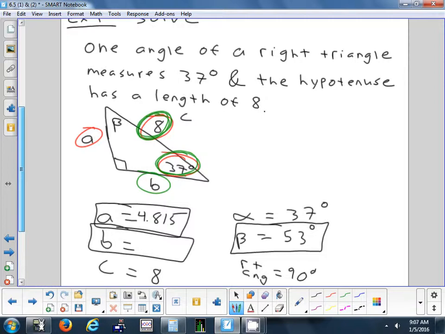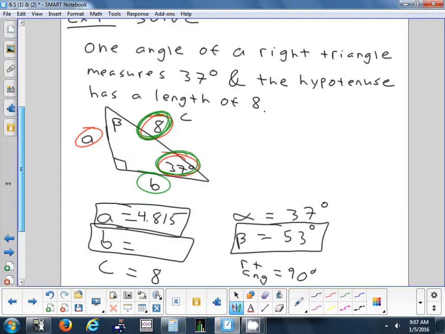Okay, so now focus on the 3 things I circled in green. Okay, Will, what's the name of the side that's on the bottom? Is it opposite, adjacent, or hypotenuse? Adjacent. It's adjacent. Okay, so now we're looking for a trig function that has adjacent, and the 8 is my hypotenuse. So adjacent and hypotenuse, trig function. Cosine.